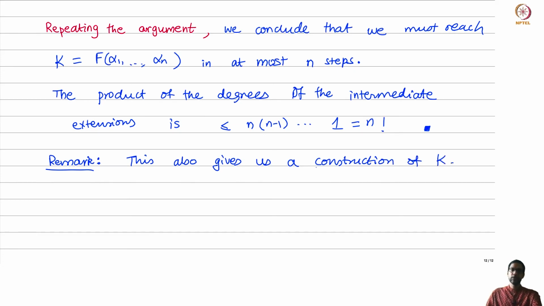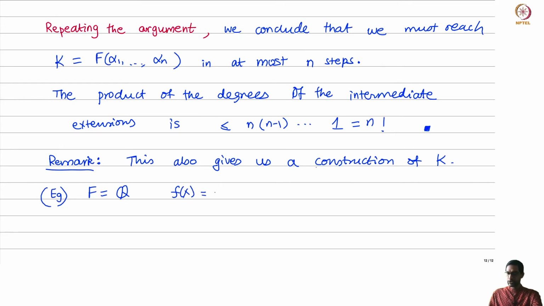What you do at each step, you adjoin one root at a time, and then you see how many of the other roots still haven't fallen into the extension at that point, and then you adjoin that root.